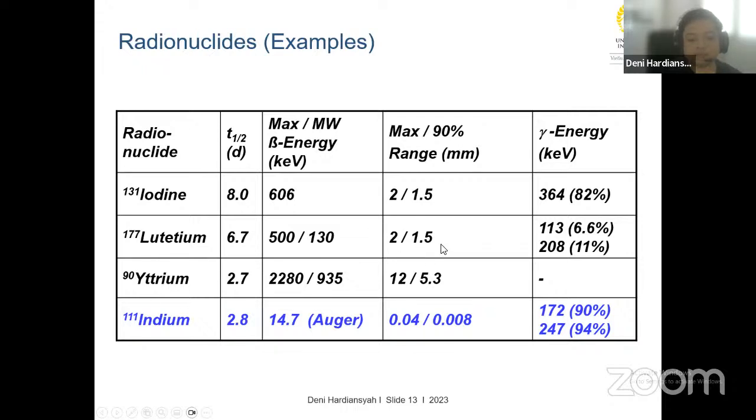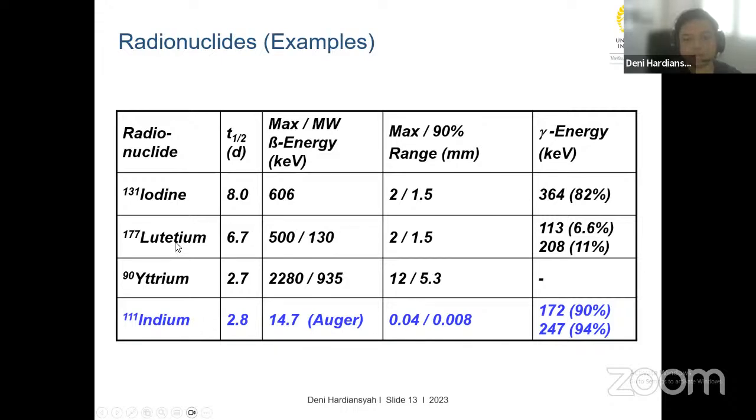Because you know that we would like to have a short radiation, right? To make it a very local radiation. So that's why lutetium is very good compared to yttrium. But the other reason why people also use yttrium is because the energy is actually higher compared to lutetium.